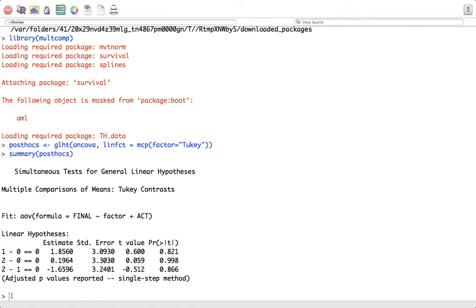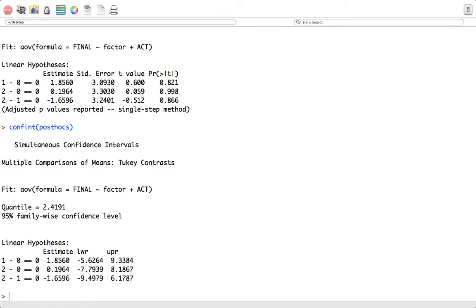Something else that's kind of cool is the confidence interval. If there is statistical significance, this gives you the upper and lower bound. And you can see that the lower and upper bounds contain 0, which says that we do not have statistical significance, which corresponds to what our p-values say up here. And the more symmetry you get around 0, you'll have higher p-values up here.